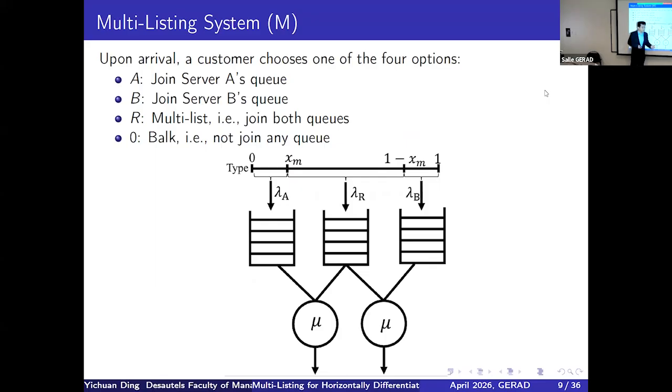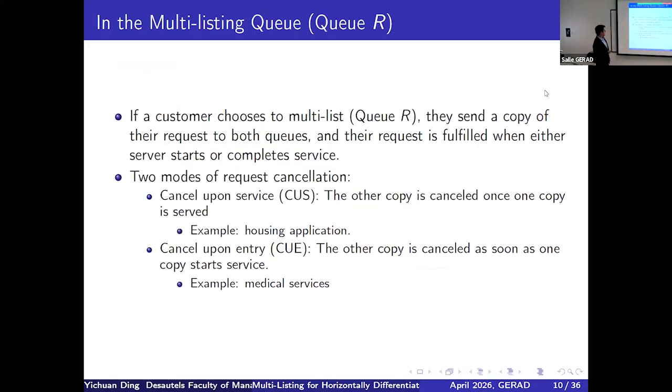This is called cancellation upon service entry. In the other, this person is actually served at both servers. When either server finishes first, this job disappears, which also cancels its copy on the other server. This is called cancel upon finish.